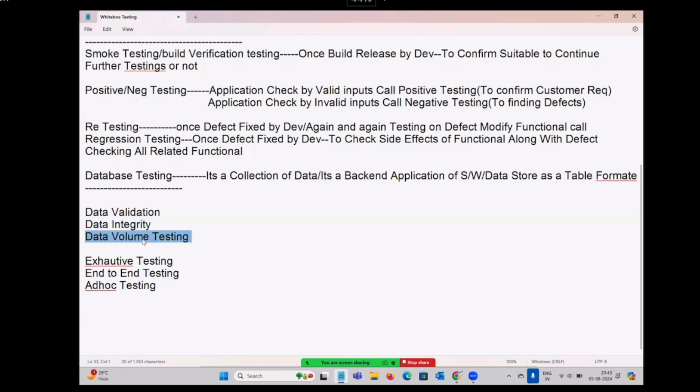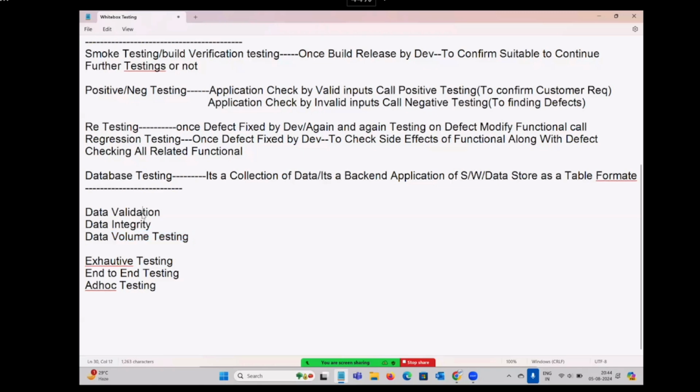And the capacity of a database is called data volume. Every database has some limit. It will accept 10 users, 50 users, 100 users. If you want to check the capacity of the database, that is called data volume testing.